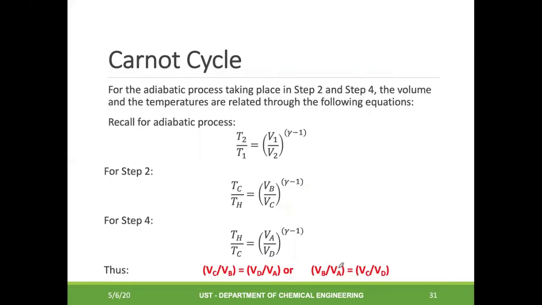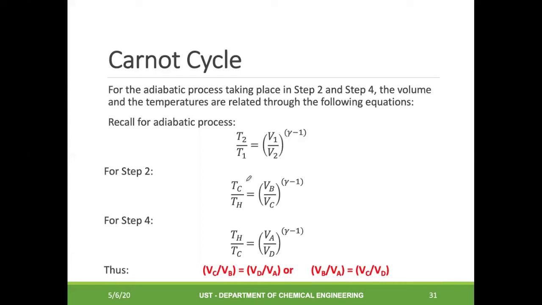Now let us consider the relationship between V1, V2, V3, and V4. Recall that in steps 2 and 4, which are adiabatic processes, volume and temperatures are related through the following equations. Recall that for an adiabatic process, T2 over T1 is equal to V1 over V2 raised to gamma minus 1.